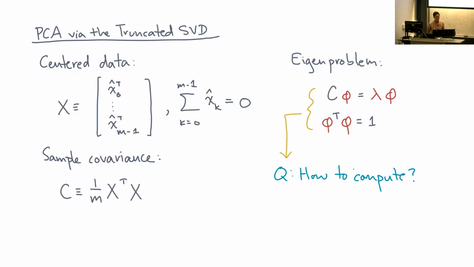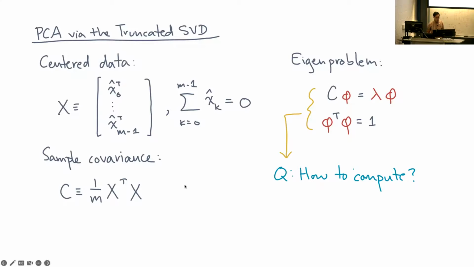So there are existing eigenvalue and eigenvector solvers. So you can form the sample covariance explicitly and then call one of those. But in the same spirit as linear regression, forming this explicitly can lead to a matrix that is not well conditioned for the eigenvalue problem.